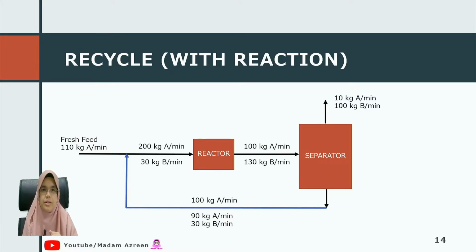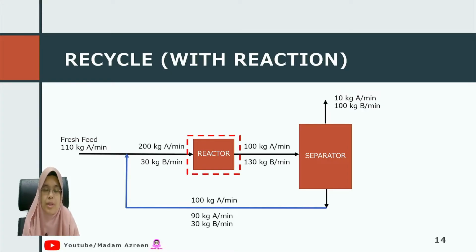To do a material balance for this recycle stream together with multiple units, when we have more than 2 units, we call it a multiple unit with a recycle stream. Remember that you have to set a boundary condition.